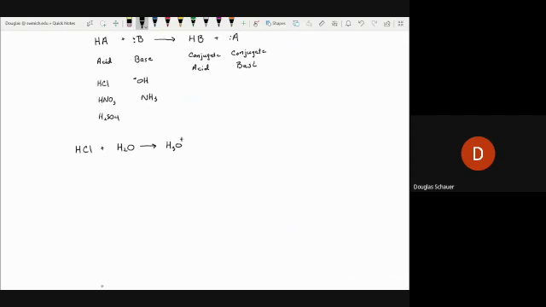And that new compound that we formed there, H3O+, is called the hydronium ion. Okay, and the positive charge on the hydronium ion is going to be balanced out by the negative charge on the conjugate base. In this case, that's chloride.